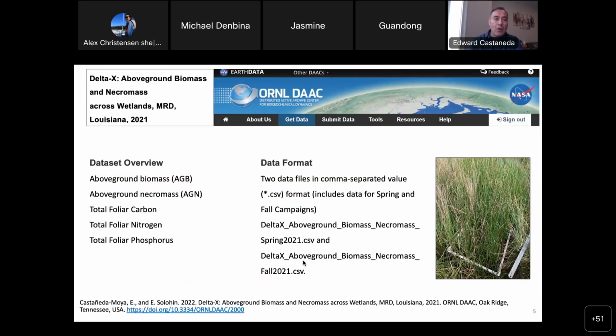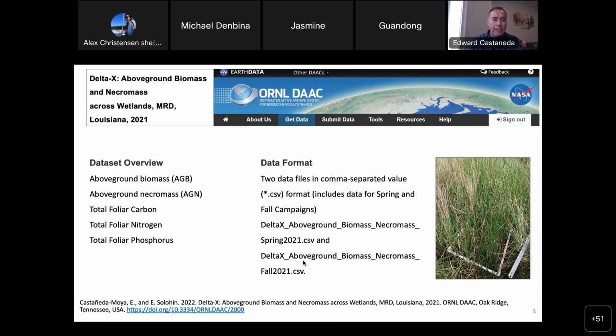In the case of above ground biomass, we have 4 stations that were established perpendicular to the wetland edge. So we had 2 stations at 25 meters and 2 stations at 50 meters. The sampling stations were located 30 meters apart, and the idea was to capture the spatial variability in above ground biomass and necromass in the intertidal zone.